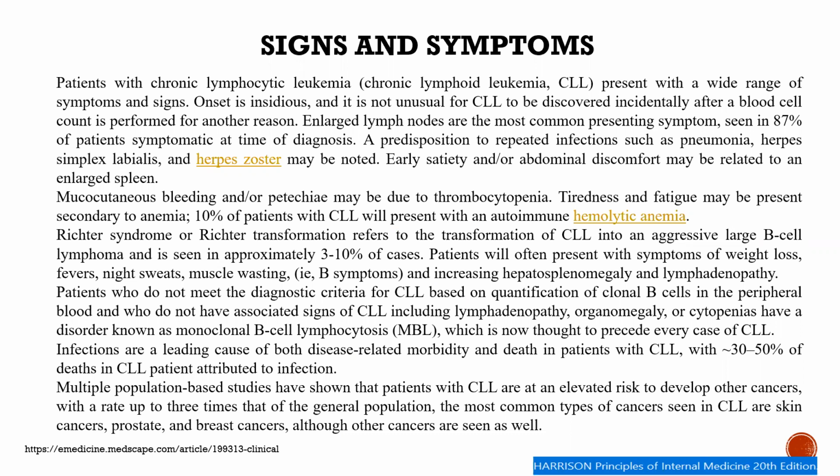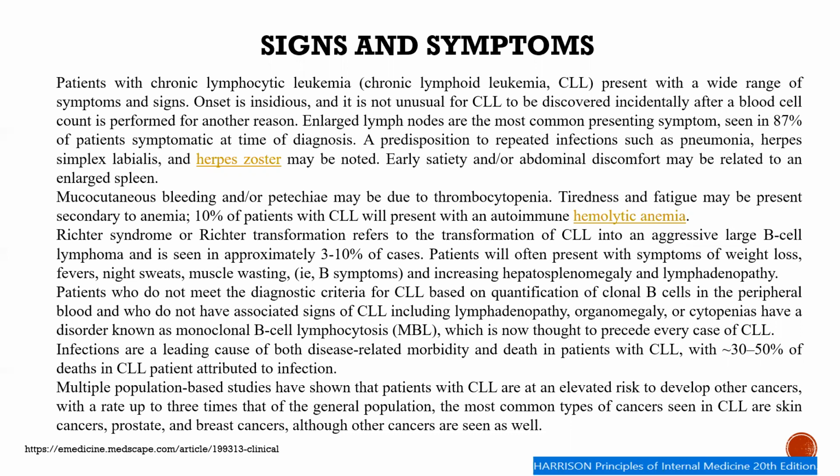Patients who do not meet diagnostic criteria based on quantification of the clonal B cells in peripheral blood and who do not have associated signs of lymphoblastic leukemia, including lymphadenopathy, organomegaly, cytopenias, have a disorder known as monoclonal B-cell lymphocytosis, which is known to precede every case of chronic lymphoblastic leukemia.